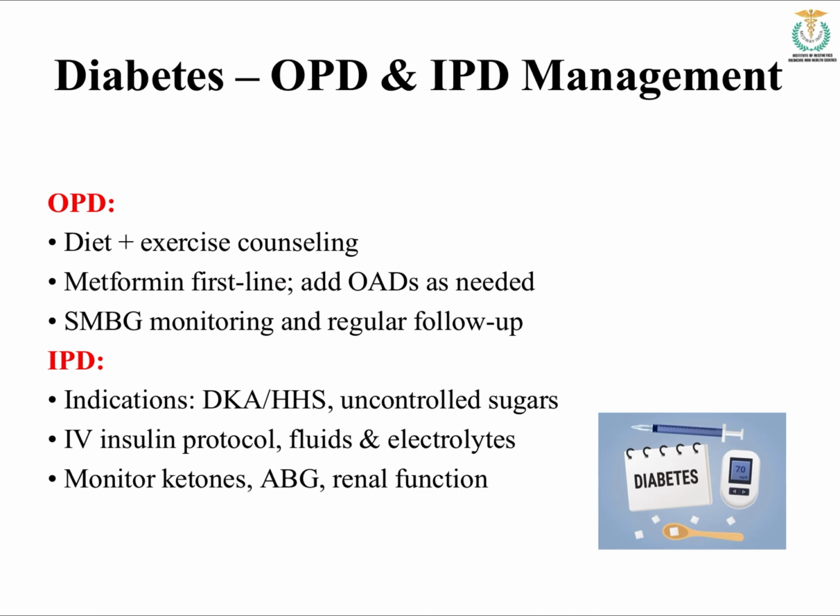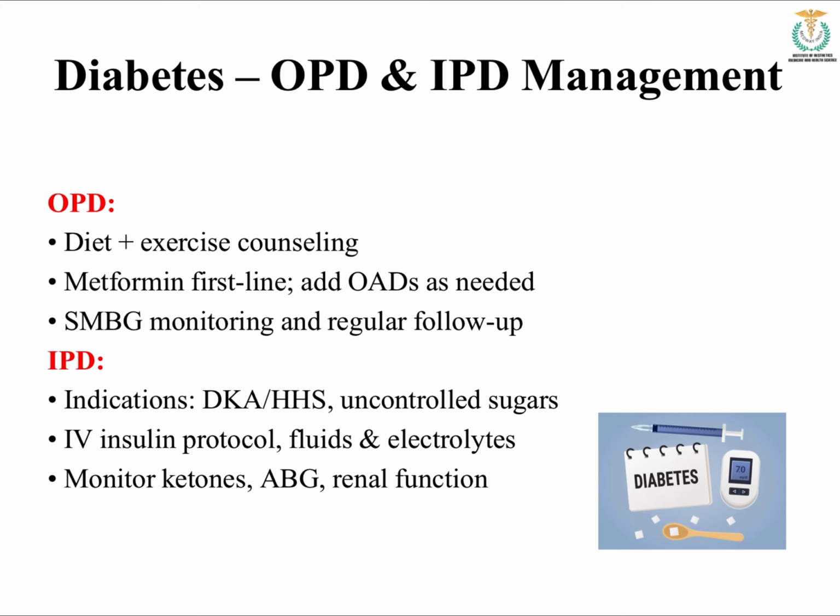How will you deal with the condition in OPD versus IPD? In OPD management, always start with structured lifestyle counseling: diet, that is carbohydrate quality, plate food method, and exercise, weight loss targets. First line of drug choice is metformin unless it is contraindicated. Teach SMBG monitoring basics and plan follow-up every 4 to 6 weeks initially.